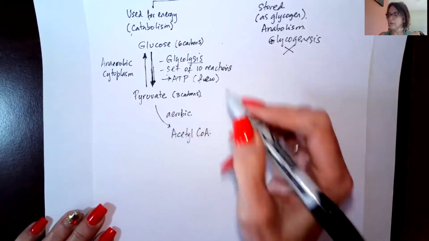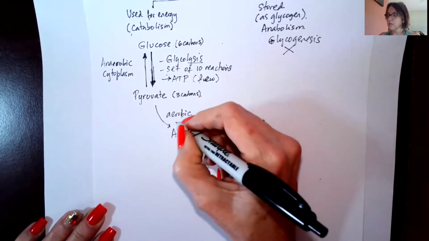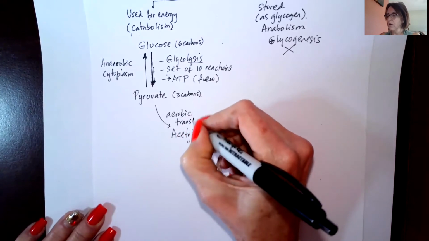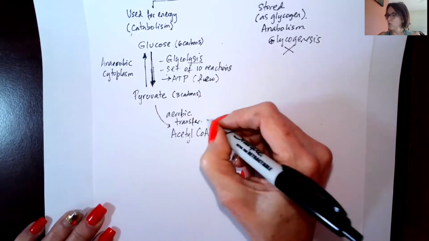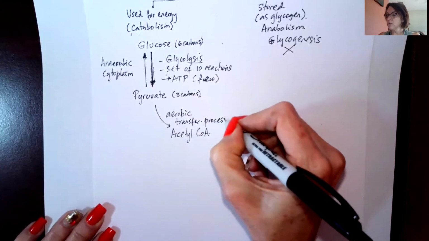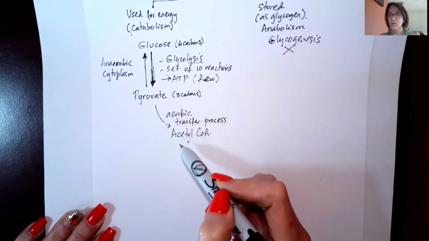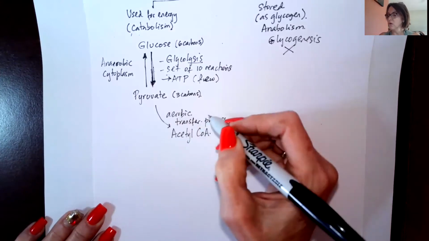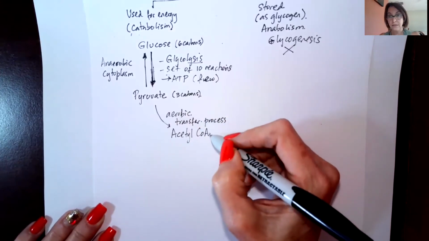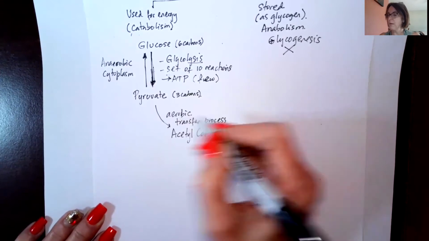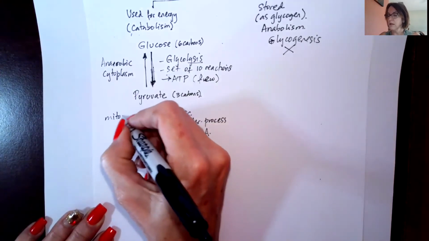This process is also known as the transfer process, because it starts in the moment the pyruvate is being transferred to the mitochondria of the cell. So it starts in the cytoplasm, but it really happens in the mitochondria of the cell.